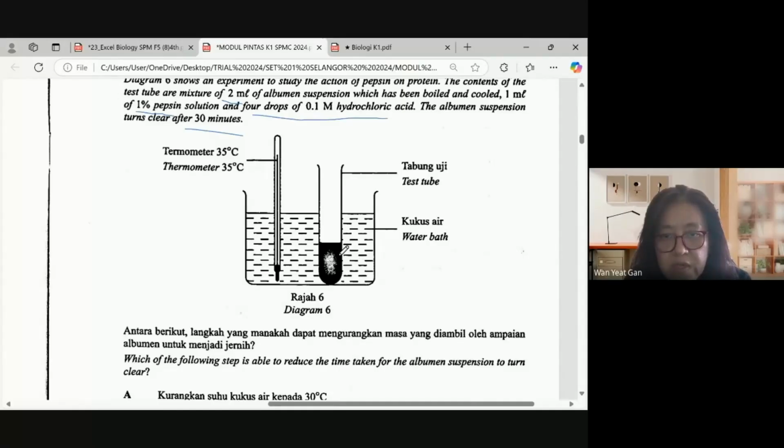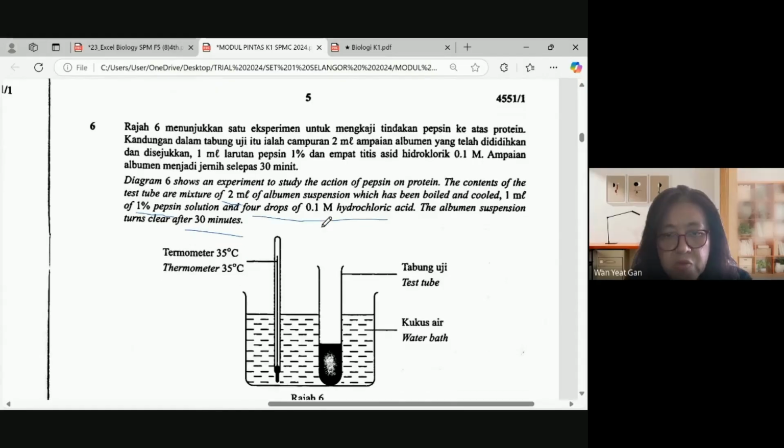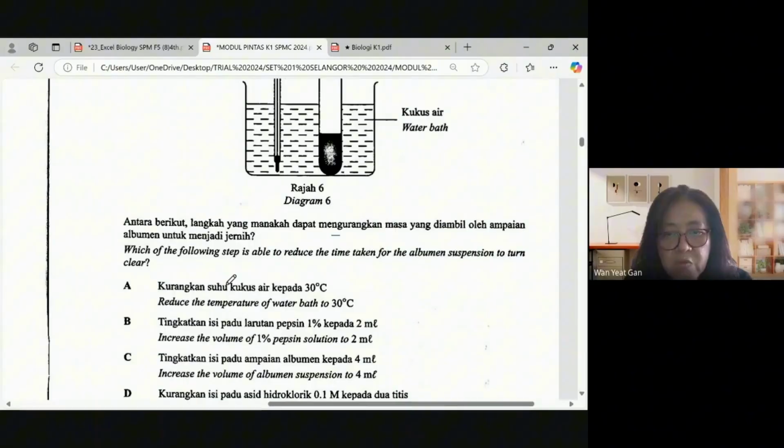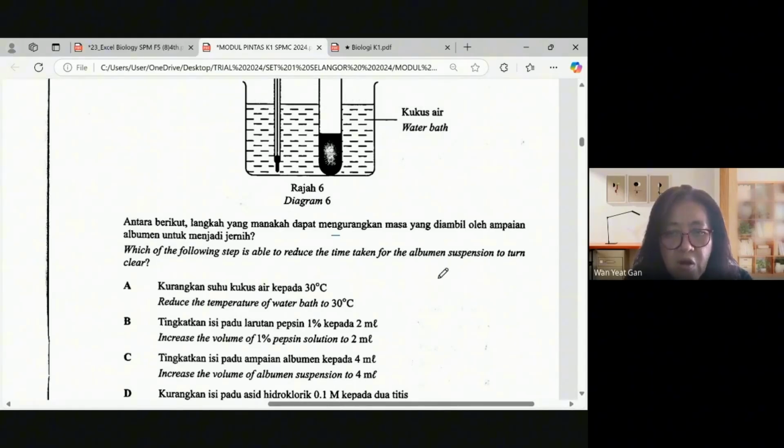You can see here that what is required for the hydrolysis of albumin is pepsin and hydrochloric acid. To reduce the time taken would mean to speed up the process. To speed up the process, you increase the concentration of enzyme, or you reduce the volume of the substrate, which is the albumin. Pepsin is the enzyme.